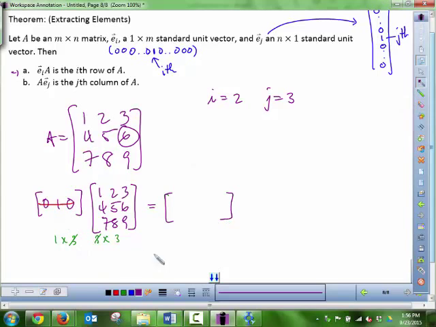If I take my only row and my first column, 0, 4, 7 times 0, 1, 0, so this is just 4. Then I move to the next column, 0, 5, 0, that's 5, and then 0, 6, 0, so that's 6. So this is getting my ith row.